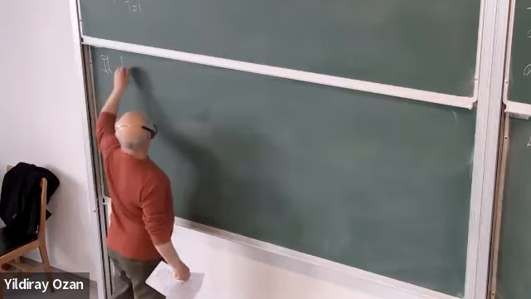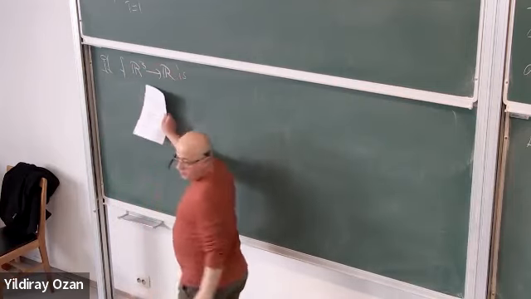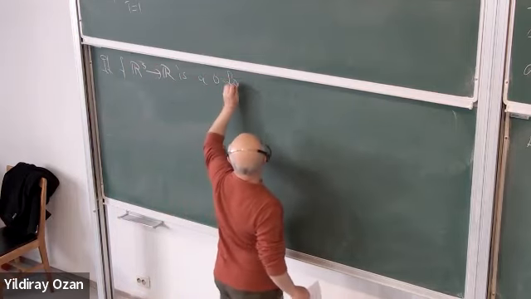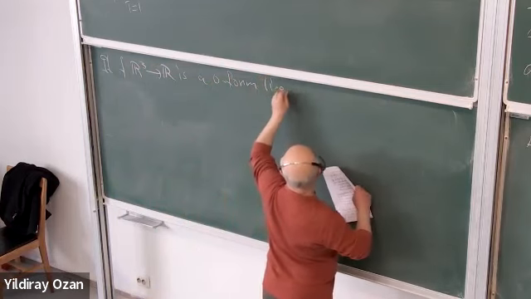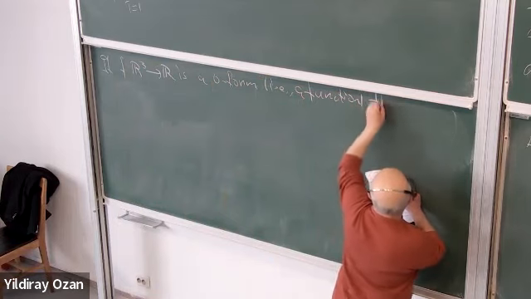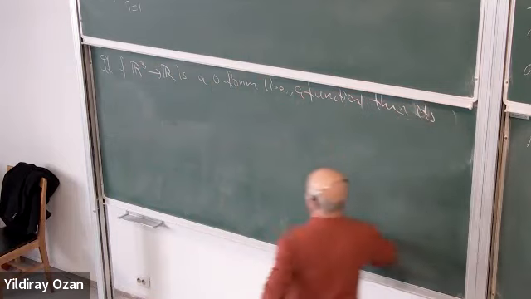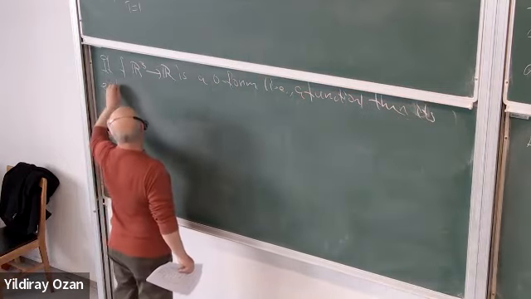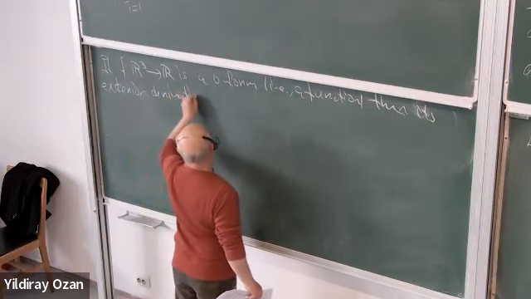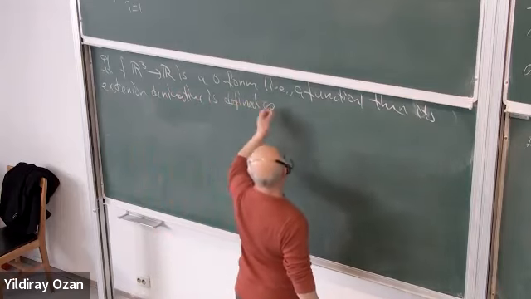If f is a function, in other words a zero form, then its exterior derivative is defined as just df.